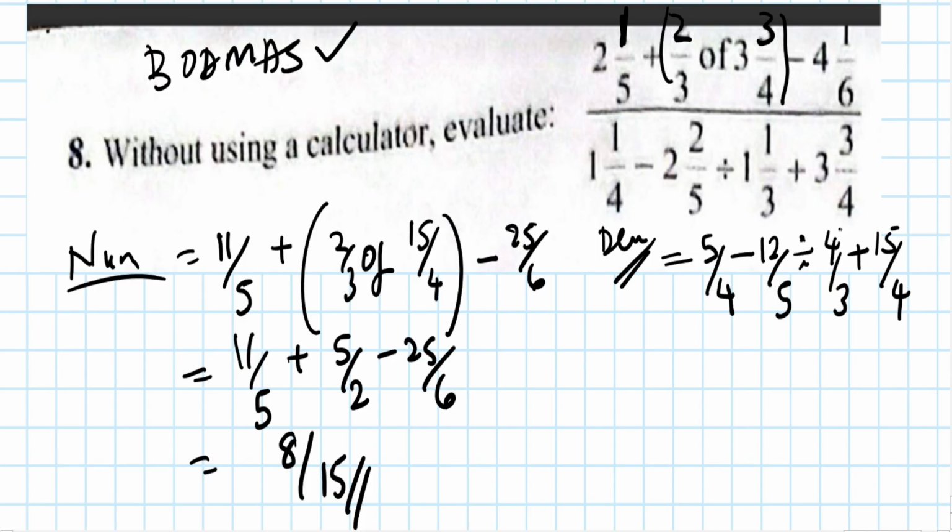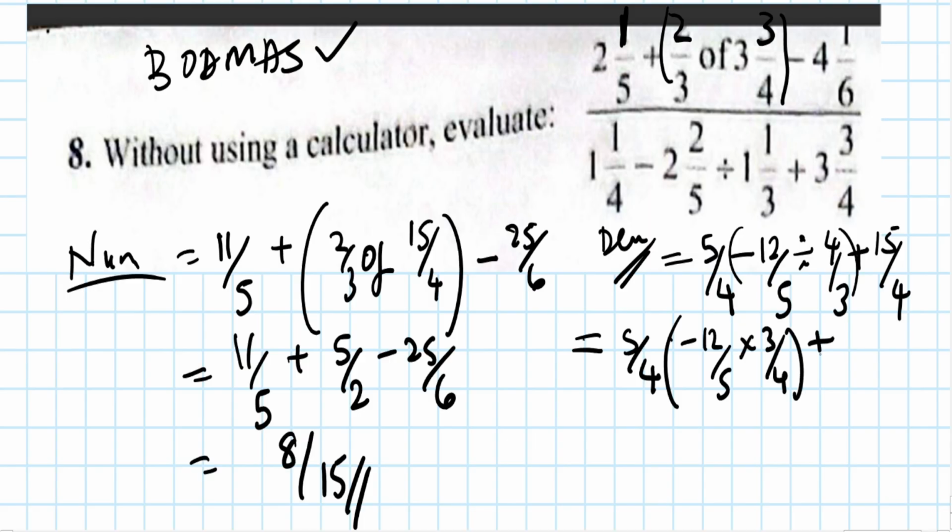Now here we start with division. So we take 5 over 4 minus 12 over 5 times 3 over 4, we start with that first, plus 15 over 4. So minus 12 over 5 times 3 over 4, minus 12 times 3.